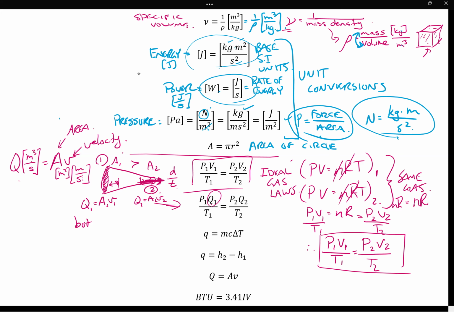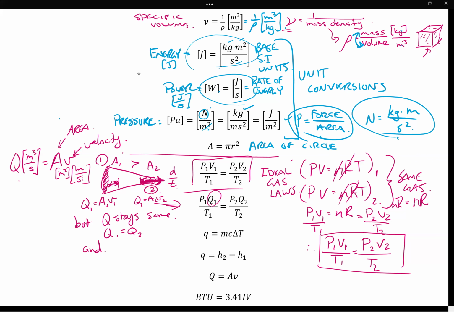So therefore, this must travel a bigger distance across two than it did across one. A bigger distance over the same amount of time means velocity increases. So volumetric flow rate stays the same. Q stays the same, which means Q1 equals Q2.